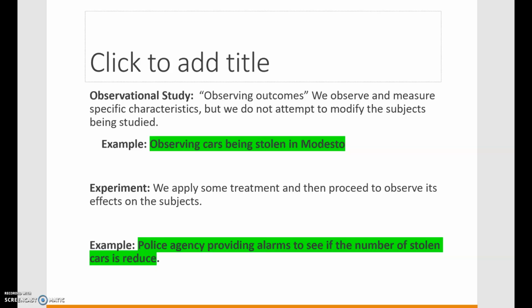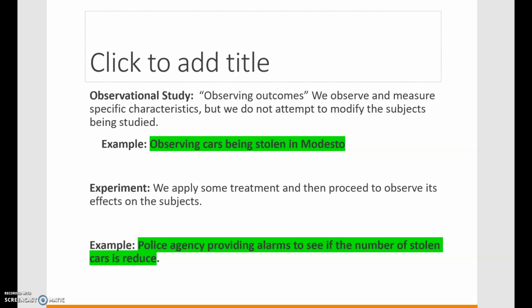For example, in the City of Modesto, a researcher might be trying to look at cars that are being stolen in the city. If they're conducting an observational study, the researcher just sits there and waits for events to happen.